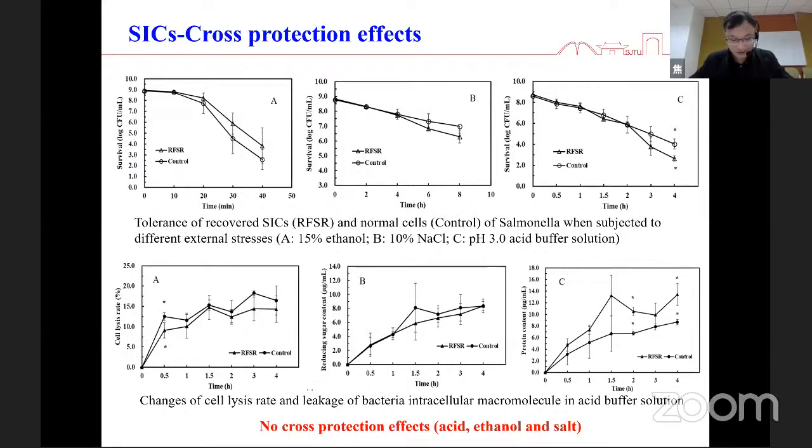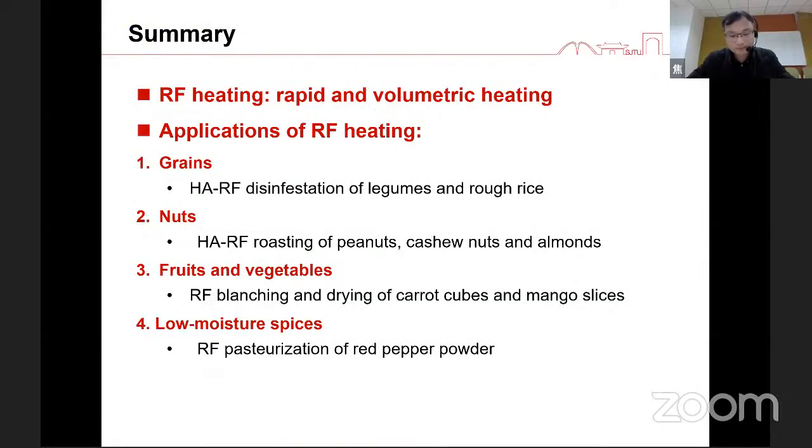This is really good, and it could be an advantage for RF pasteurization, since some other treatments can cause sublethally injured cells that then cause direct or cross protection effects. So if those cells recover, it would be really hard to kill them, right? But for RF heating, these things couldn't happen. So this is an advantage for the RF pasteurization treatment.